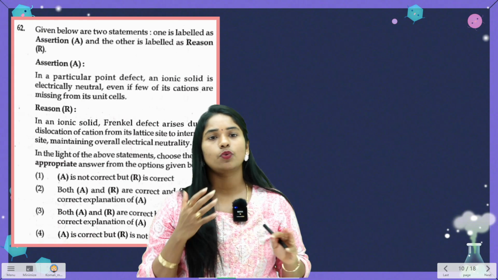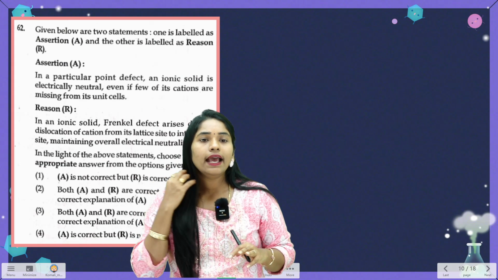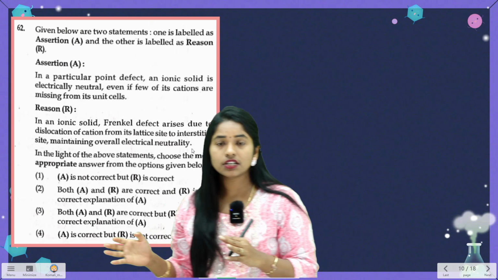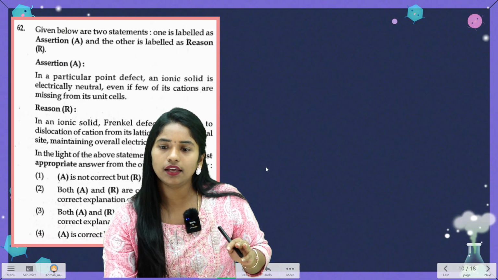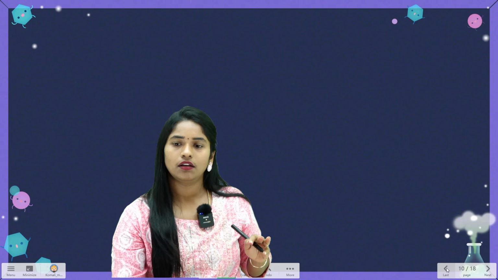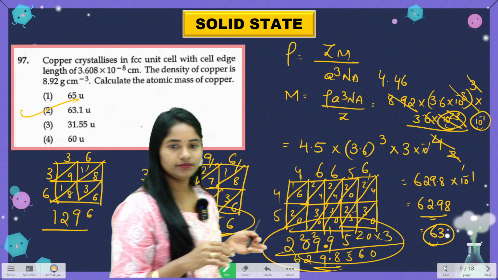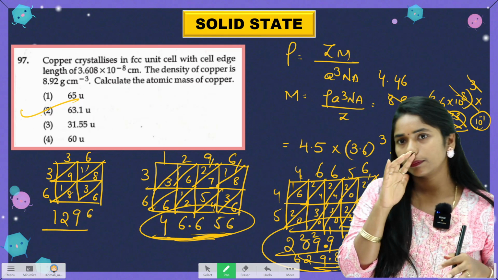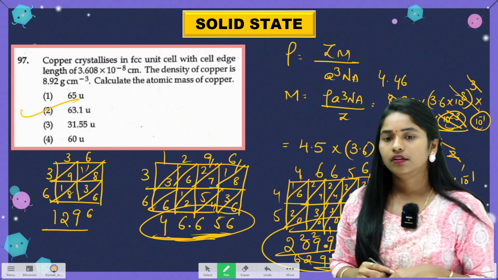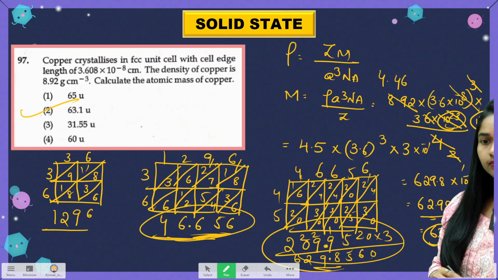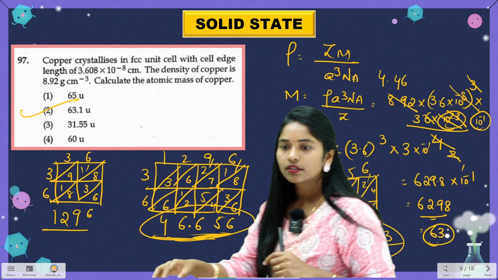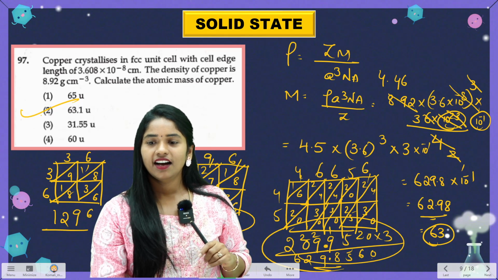This is the next question. See the next question. In a particular point defect, and this question, shall I, one second. I'll move because, okay.